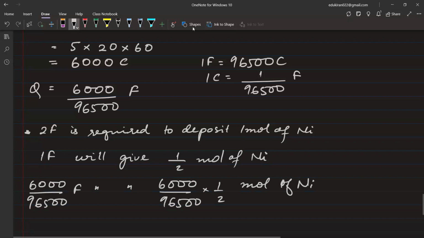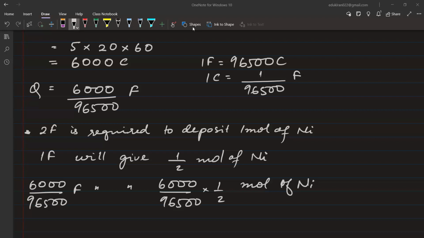Yes or no, tell me? Yes, sir. Sir, how is it that 2 Faraday is required to deposit 1 mole of nickel? That is exactly what we were asking you earlier, so how are you asking this question now? I'm not saying you can't ask questions, but this is not good for you.